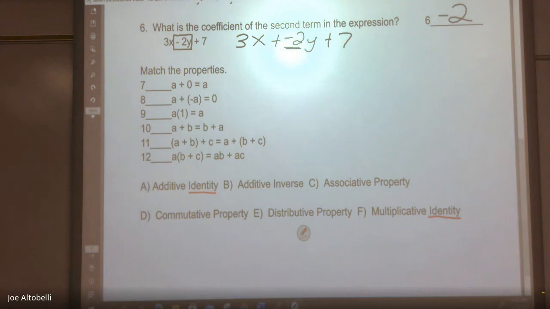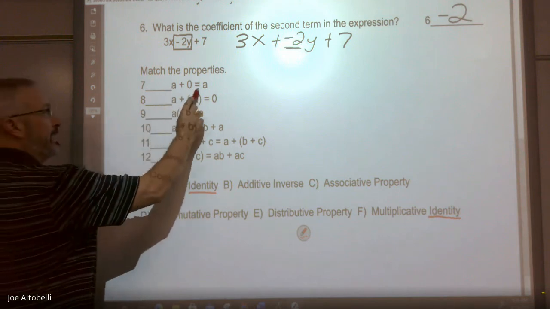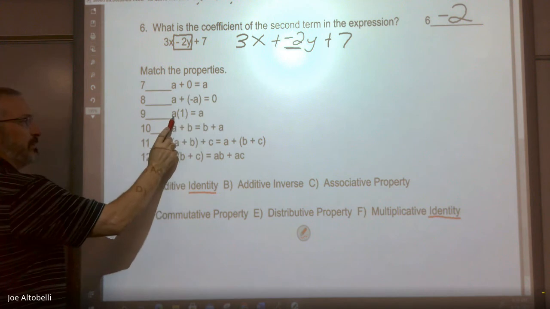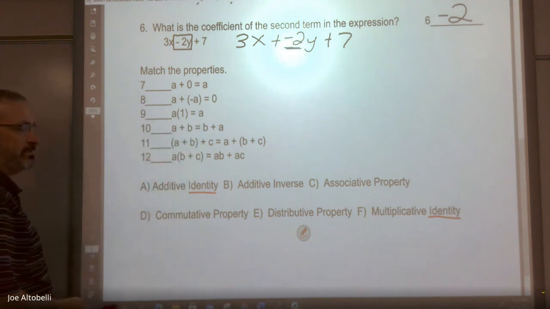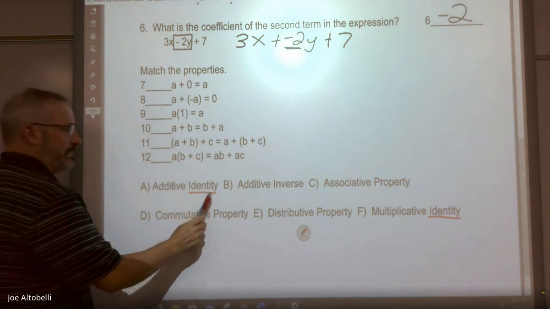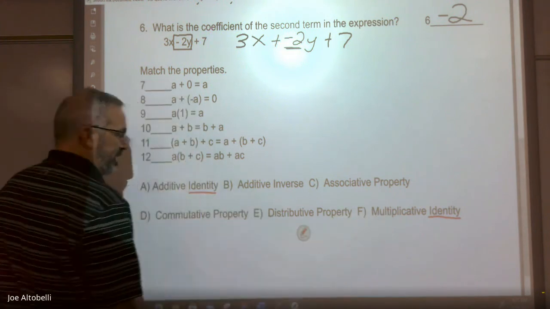For the identities, remember, that's where we get the same thing back. I start with A and I get A. So 7 and 9 are your identities. You just have to know if it's additive or multiplicative.